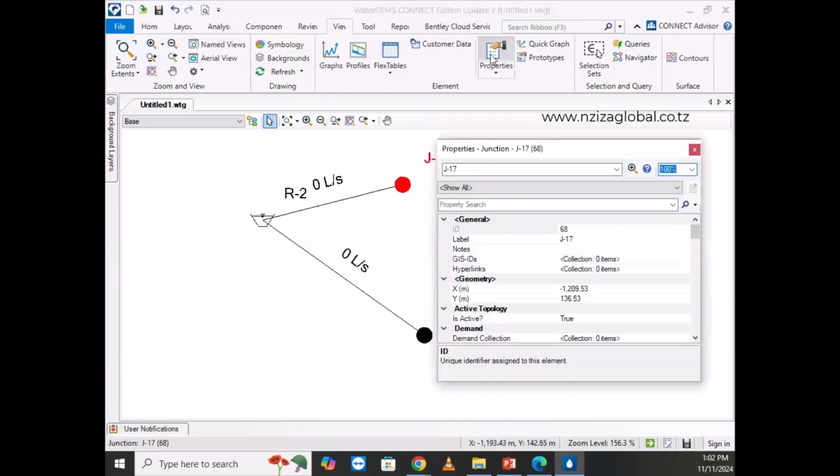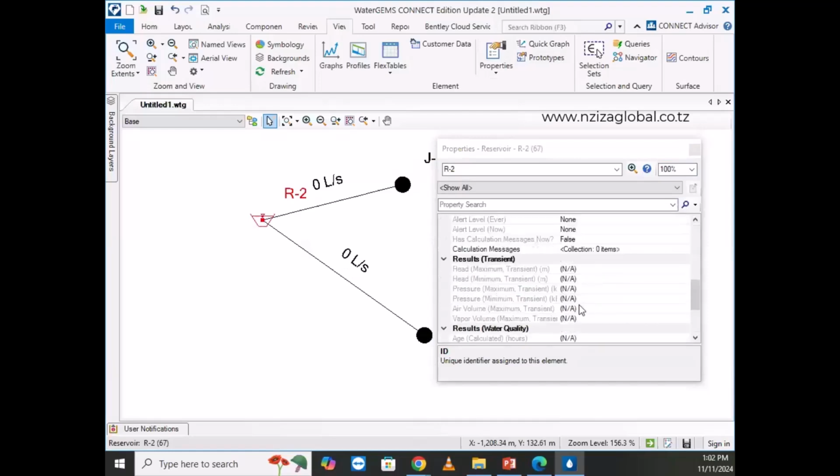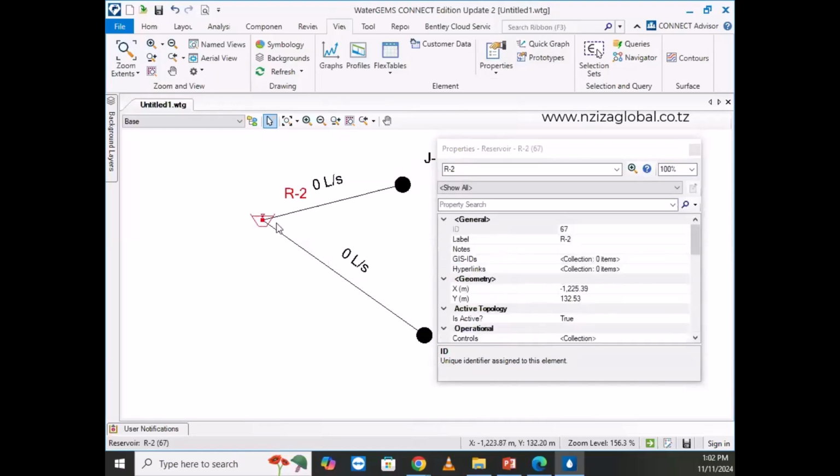There are these icons. In these icons, on each thing that I click on, immediately its properties are coming here. For example, for a reservoir, in property you may find all of those things which are in the flexible table, and they will appear also here.